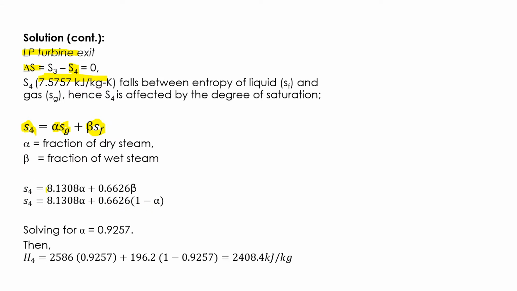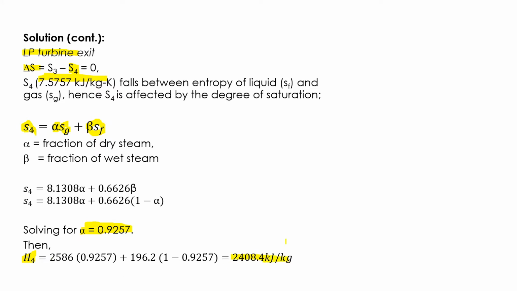We calculate all, then we will find out that the degree of saturation is equal to 0.9257. Based on this one, we then find out the enthalpy. So we know the alpha. From the alpha, we can calculate the enthalpy at point 4 equal to this value.